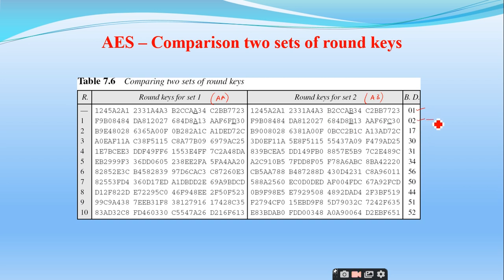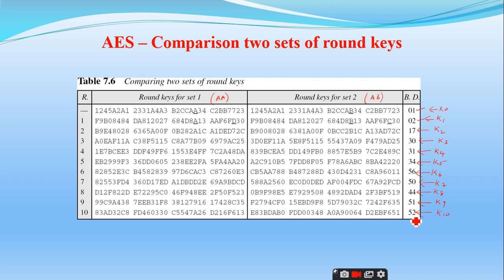That means this is for K0, and for the second round, see here how many bits differ, K2. And in the third round, K3 has 30 bits, K4 has 31 bits, then K5, K6, K7, K8, K9, and K10.